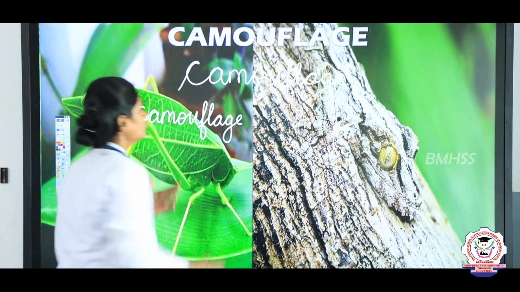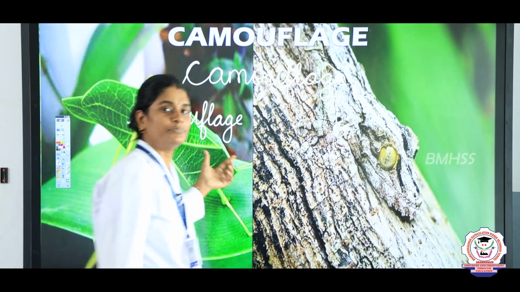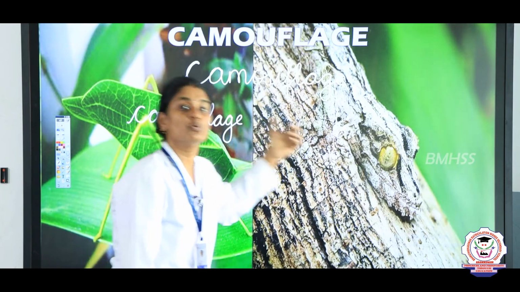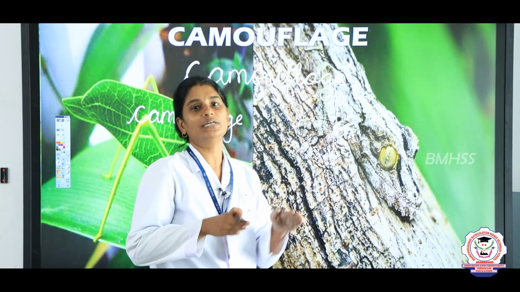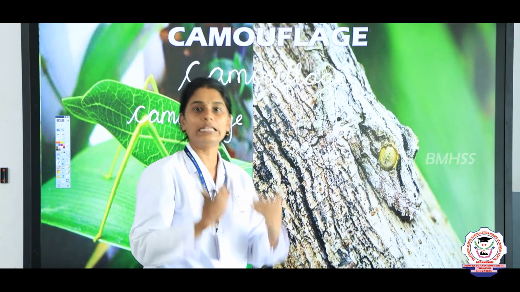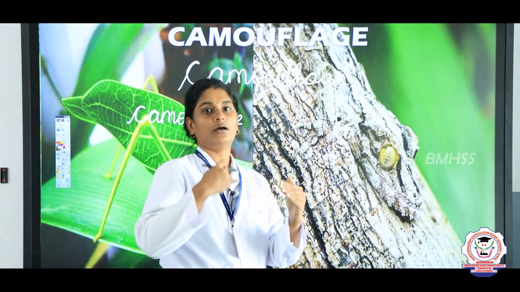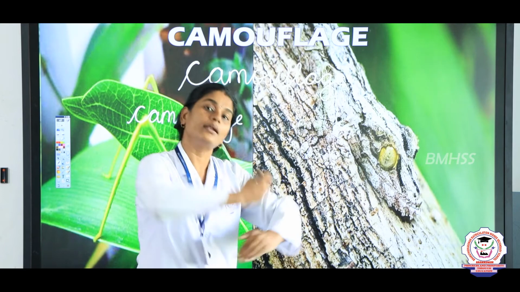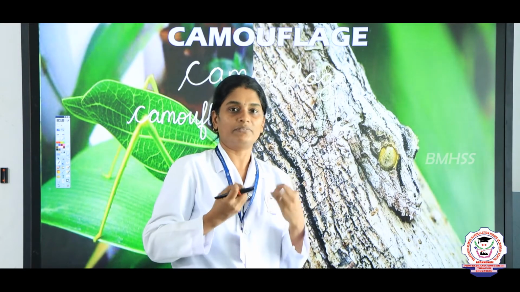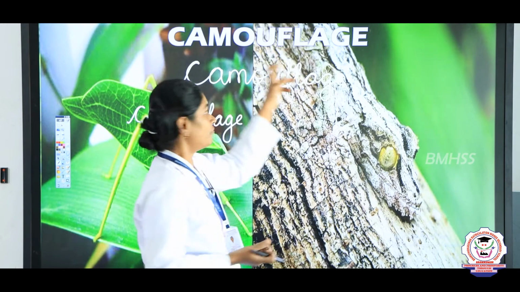Camouflage means that for some animals, the body covering merges with the surroundings to protect themselves from enemies. That is, to protect themselves from their enemies, those animals exhibit a behavior called camouflage.